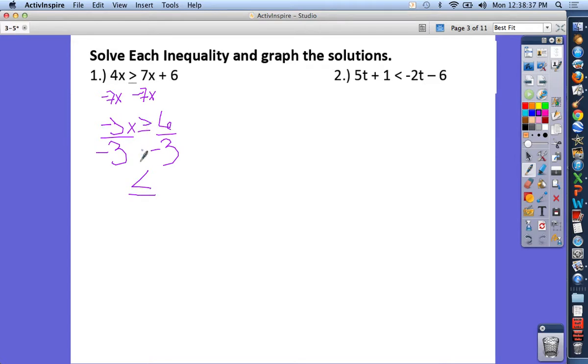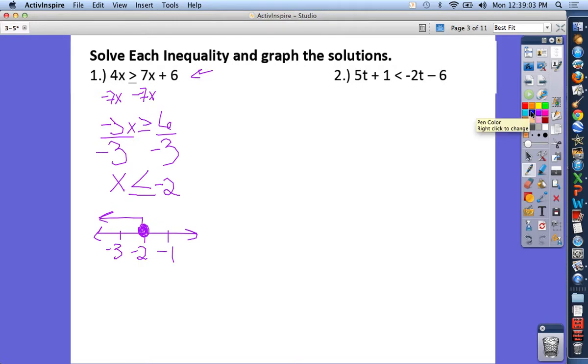Went from greater than or equal to, to less than or equal to. X is less than or equal to negative 2. Now to graph it, we have a number line. Remember with negatives, negative 3, negative 2, negative 1, it's less than or equal to. So you're going to have a closed dot, and it's going to the left, because these are numbers that, if you would plug them in to check into the original, they would work.